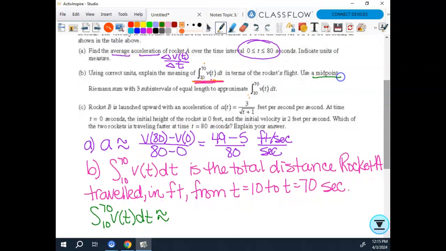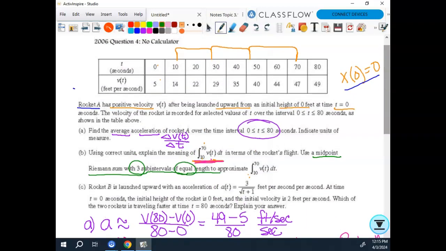Use midpoint Riemann sum with 3 subintervals of equal length to approximate. Okay, and we are not using the whole thing. We are going from 10 to 70. This is how we would break it up evenly, right? So from 10 to 30, that's a change of 20. These should all be a change of 20 because it said equal length, right?